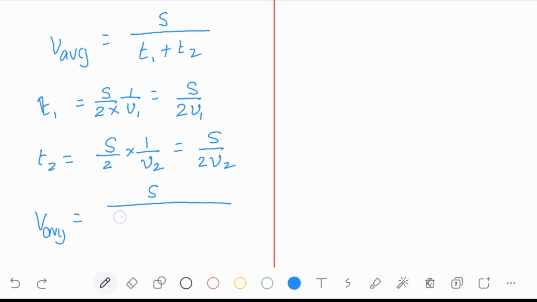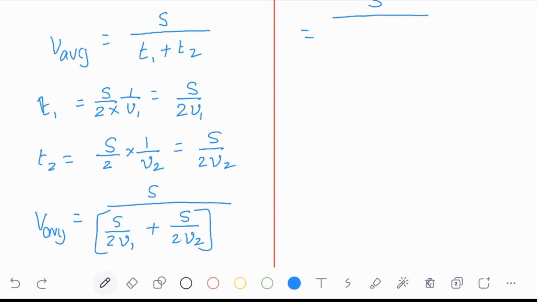So that should be distance s divided by s by 2v1 and again s divided by 2v2. So in the denominator I need to add these two terms, and for that I must go with the LCM calculation.